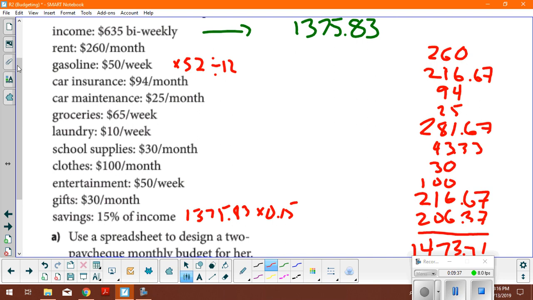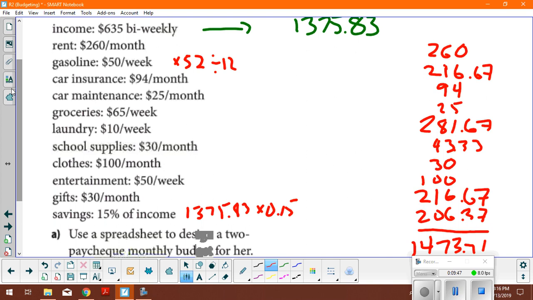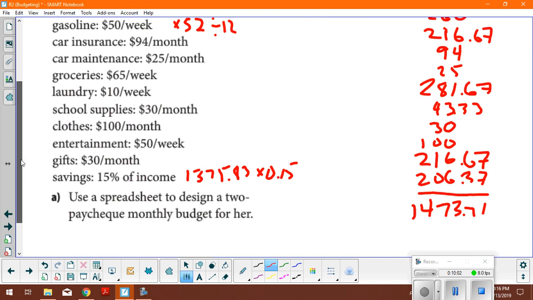Our income was $1375 and our expenses are $1473. And actually, if we work that out quickly here, okay, so currently the balance of our budget is negative $97.88. Okay, that's what we're short.